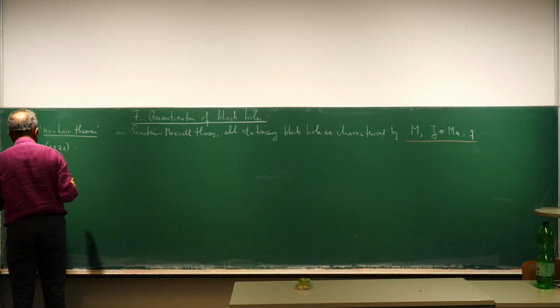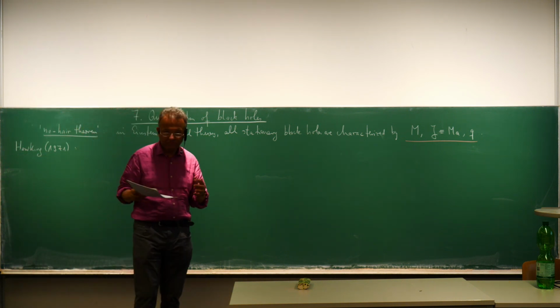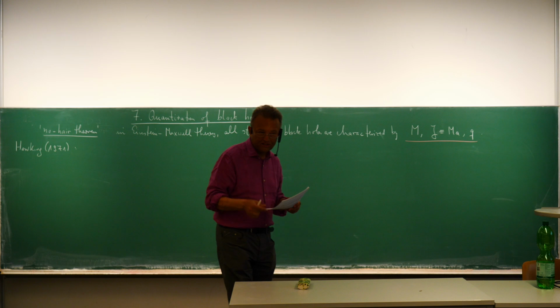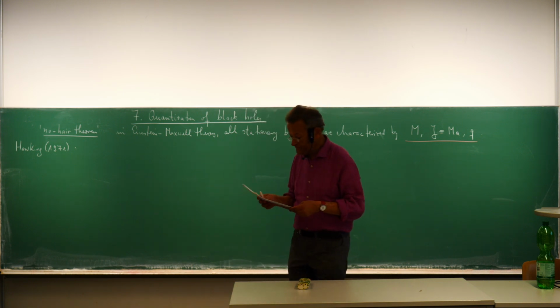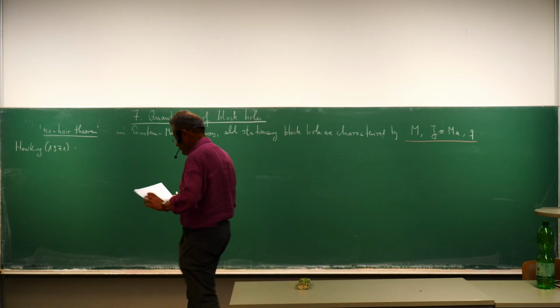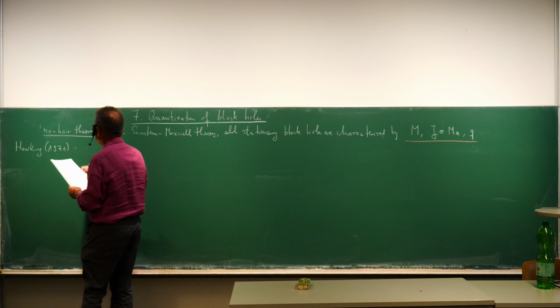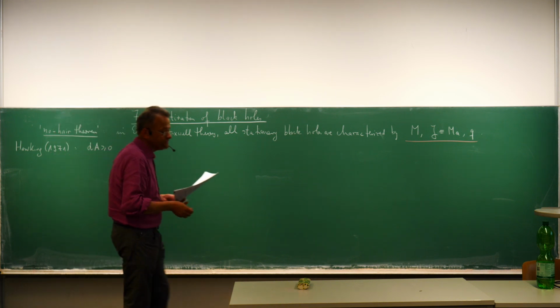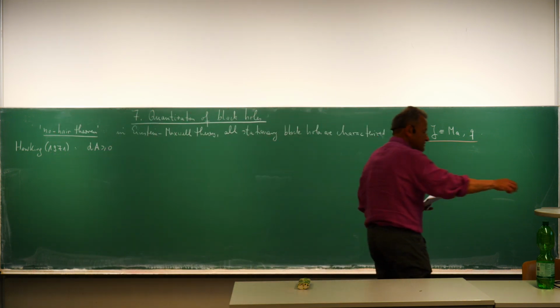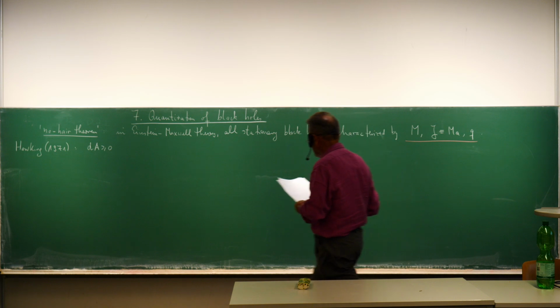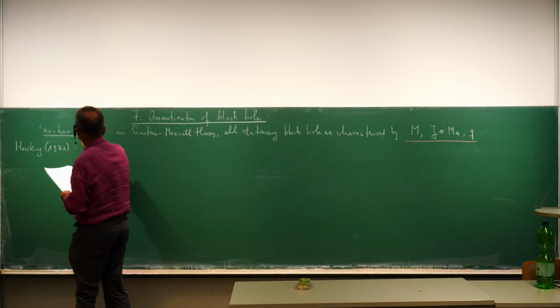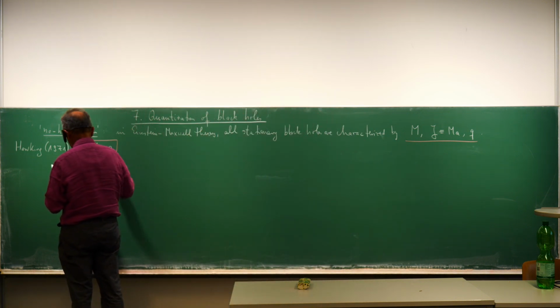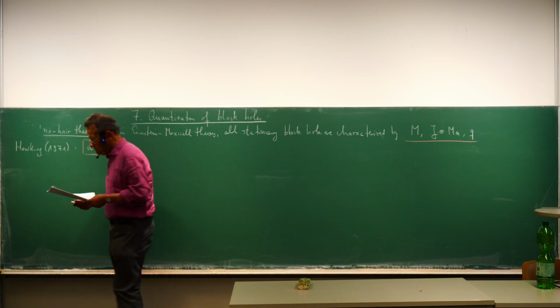He proved that if you make any changes with a black hole, throw things in or whatever, then the area can only increase but not decrease. It can stay the same, but it will not decrease. Of course, this also holds for stationary black holes. I don't write it down all the time.